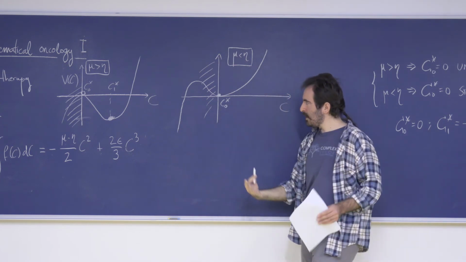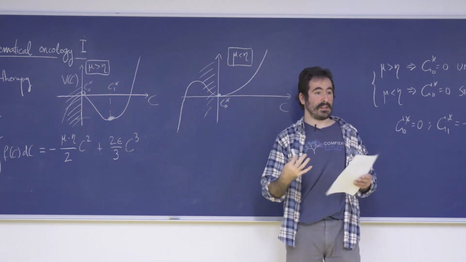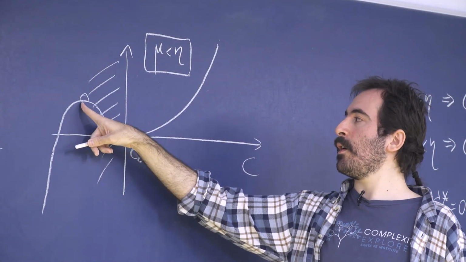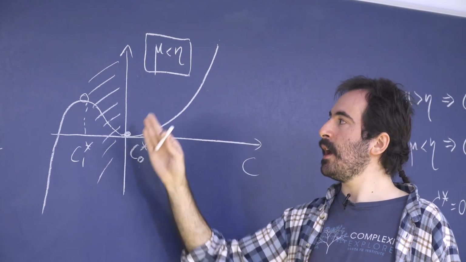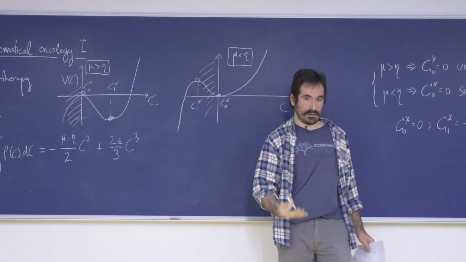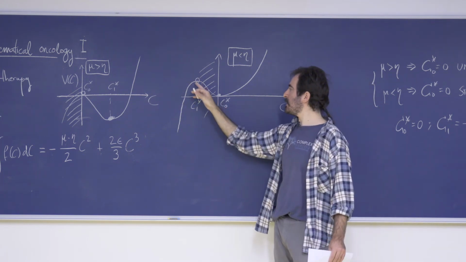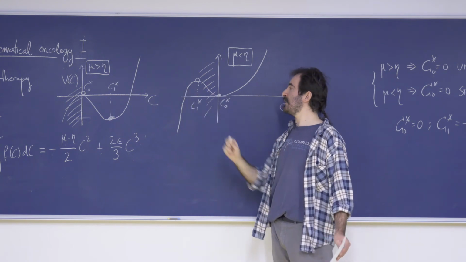Now, let me insist on this. These are non-physical values. These are negative C values. But it's interesting to see that, as we should expect, our predicted C1 star is sitting as a maximum, because we explained already this had to be an unstable point, sitting at a maximum right here at these negative values.